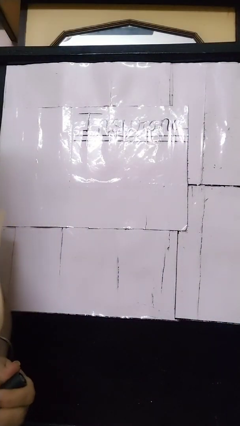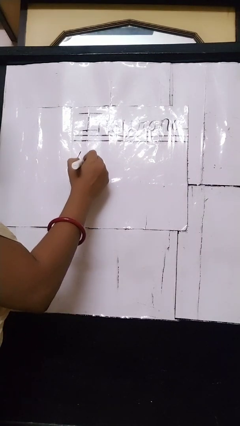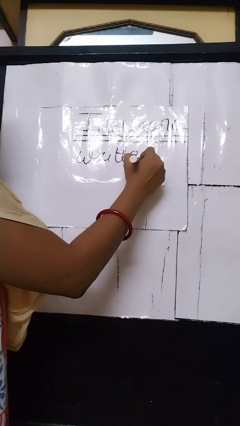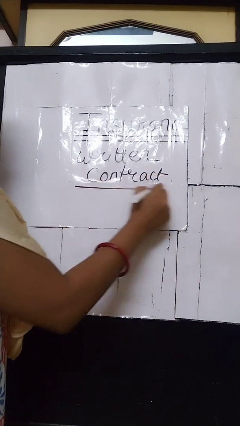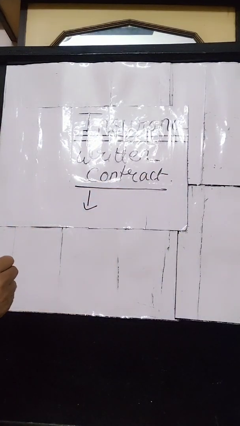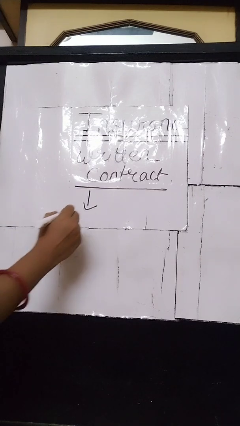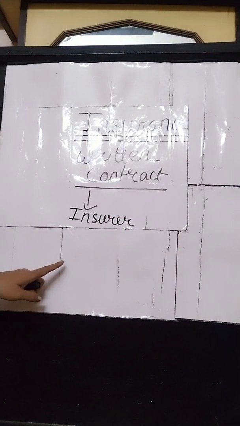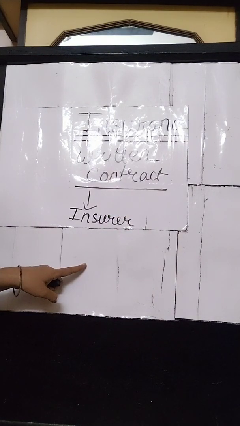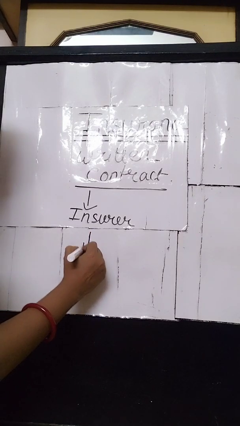The word insurance can be defined as a written contract where one party, who is called the insurer, agrees to pay a specified amount of loss to the other party who is called the insured.